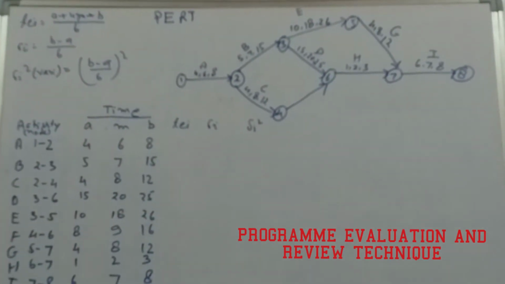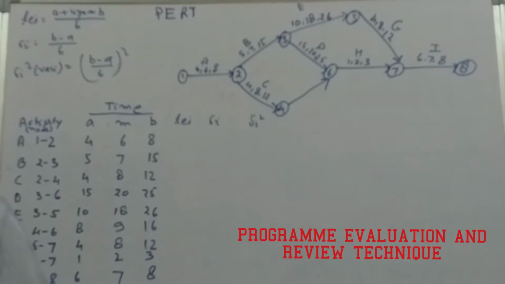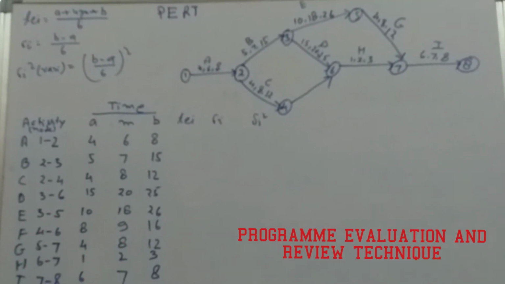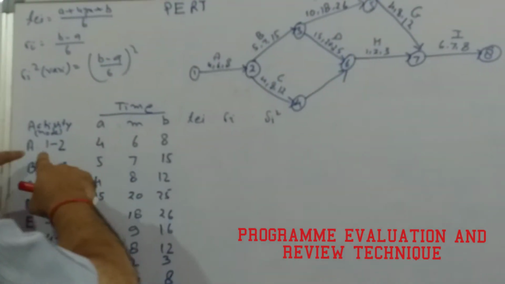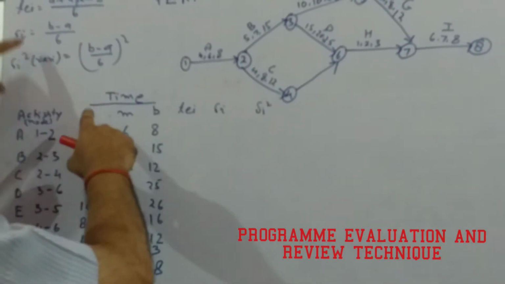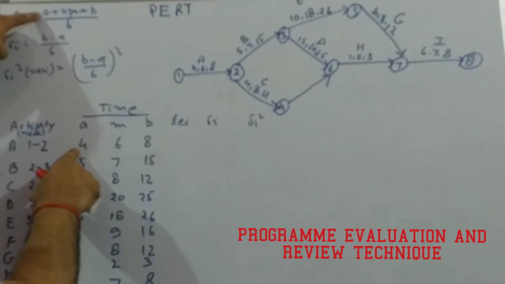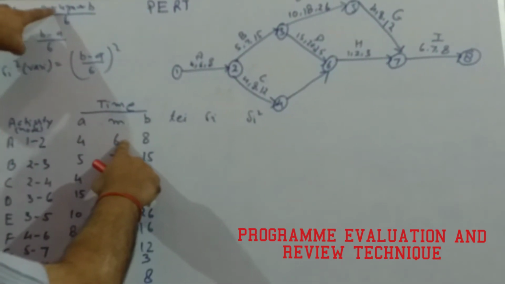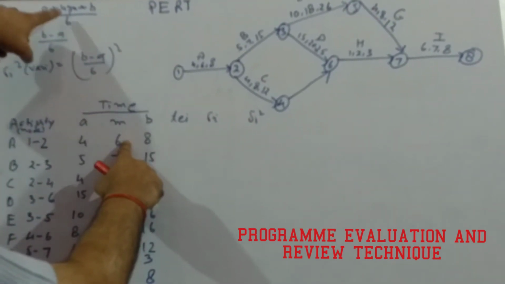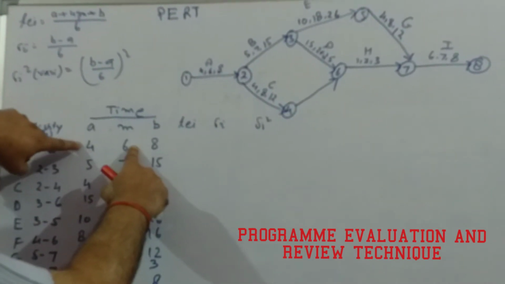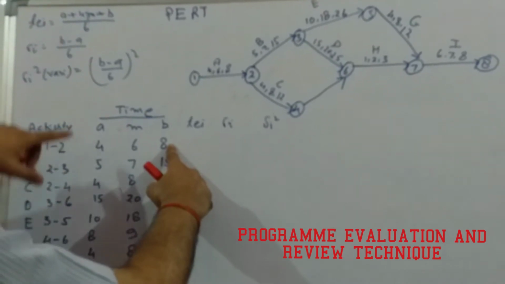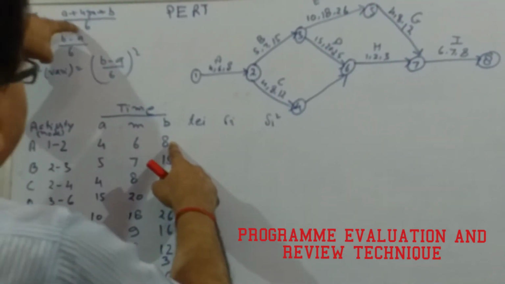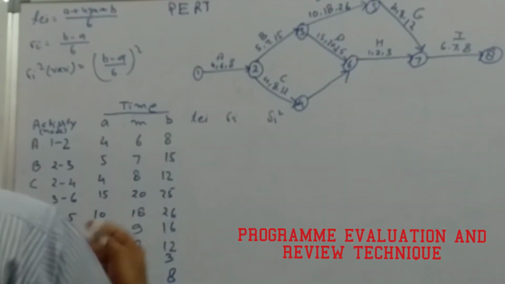Now if we calculate, say for example, for activity A: A plus 4M, A means here 4 plus 4M, that is 4 sixes are 24. 24 plus 4 is 28, plus B, 28 plus 8, that is 36, divided by 6. So that comes out to be 6.